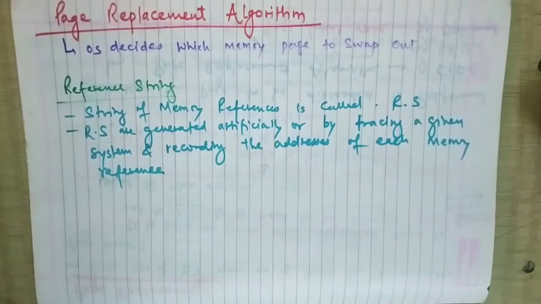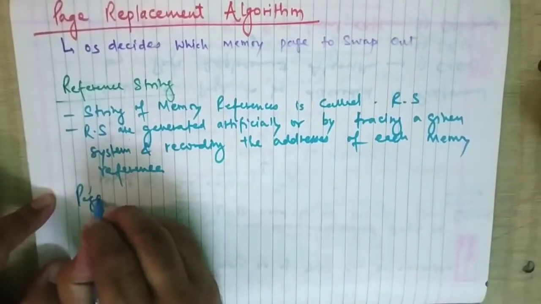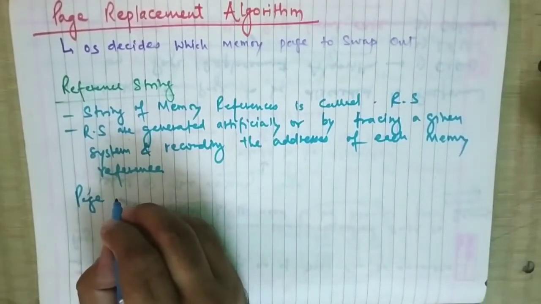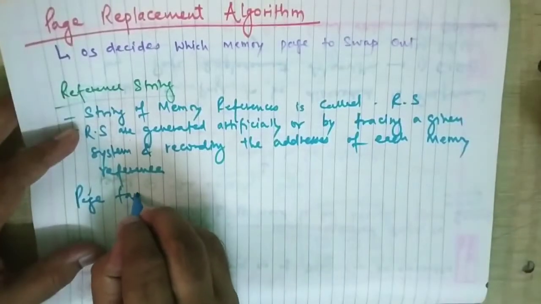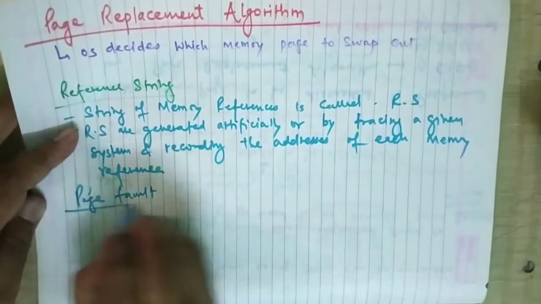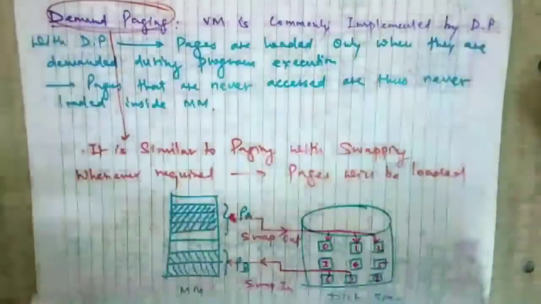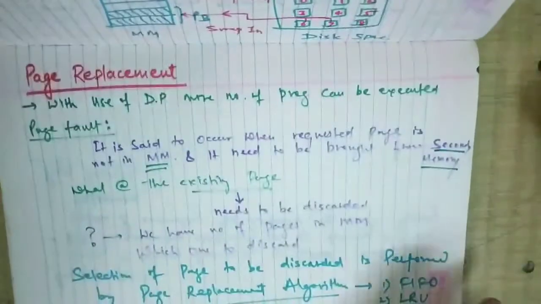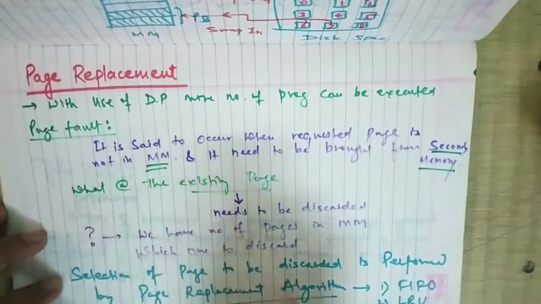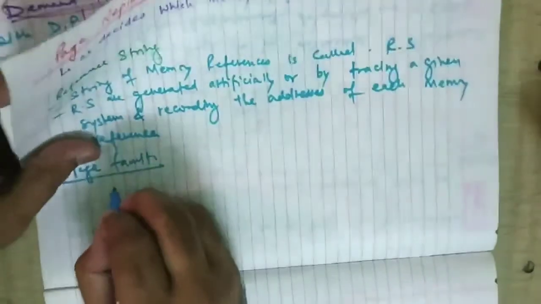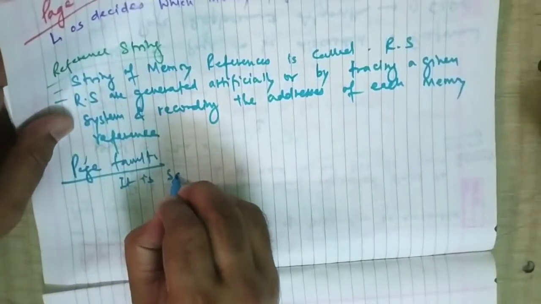One more thing is there, the page frame. One thing we have already done, but we will still see the page fault. What is a page fault? The page fault, as we have seen in the previous video, is said to occur when the requested page is not in the main memory.